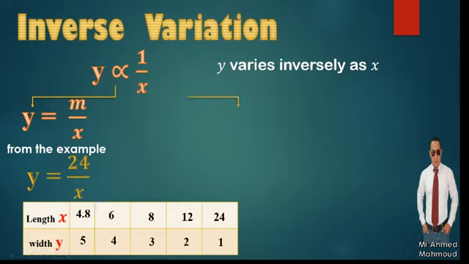Now, the other rule: by choosing two values for x and two values for y, I will choose 4, 3, 6, and 8 like this. I will call 4 y1, 3 y2, 6 x1, 8 x2.